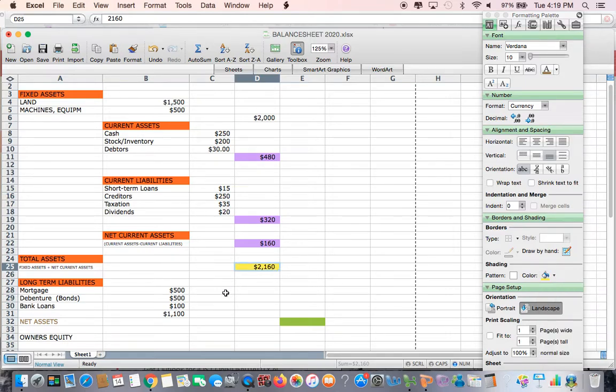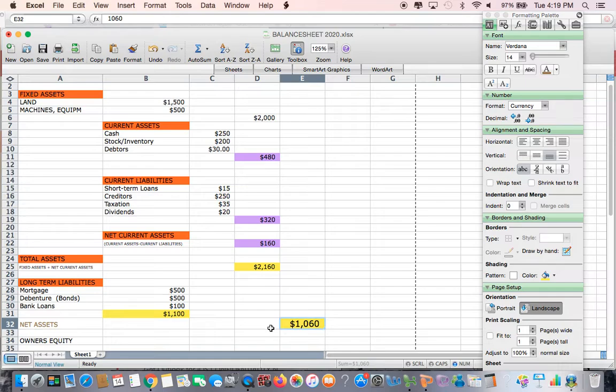So you take your total assets minus your total long-term liabilities, and you should get net assets, whatever that is. I think 1,060. Okay, so that right there, kiddies, that's the number we need right there. So once again, fixed assets, everything that the company owns, minus what they owe, gives you a net asset.